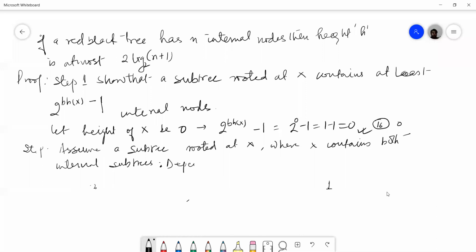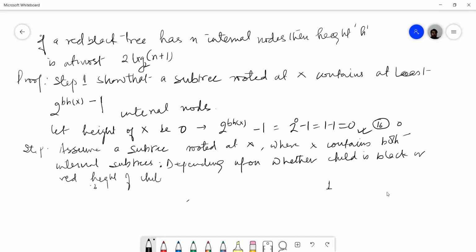So depending upon whether the child is black or red, the height of the child can be either BH of x or BH of x minus 1. So this we have discussed, that this will be the difference between heights. Okay.